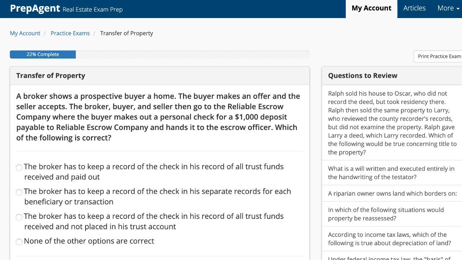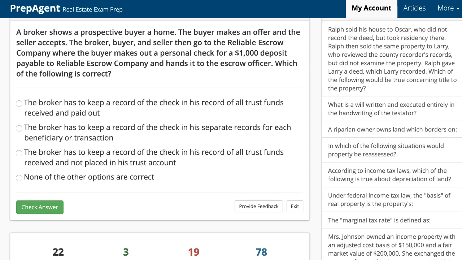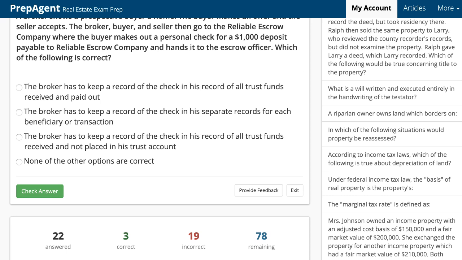Which of the following is correct? A, the broker has to keep a record of the check and all of his trust fund receipts and paid out. B, the broker has to keep a record of the check in his separate records for each beneficiary of the transaction. C, the broker has to keep record of the check in his records of all trust funds received and not placed in his trust account. Or D, none of the other options are correct.